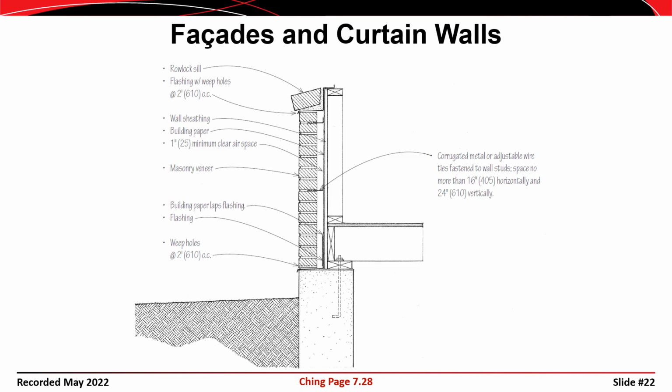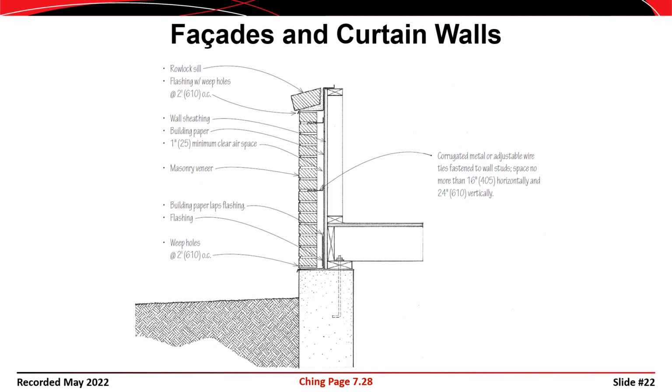In some lower rise buildings, the weight of the facade might be supported directly on the foundation, like we're illustrating in this particular slide. You can see the weight of the brick veneer. Masonry veneer is supported directly by the foundation, so the structure itself doesn't have to support the weight of the facade. In this case, the substructure supports the weight of the facade directly.